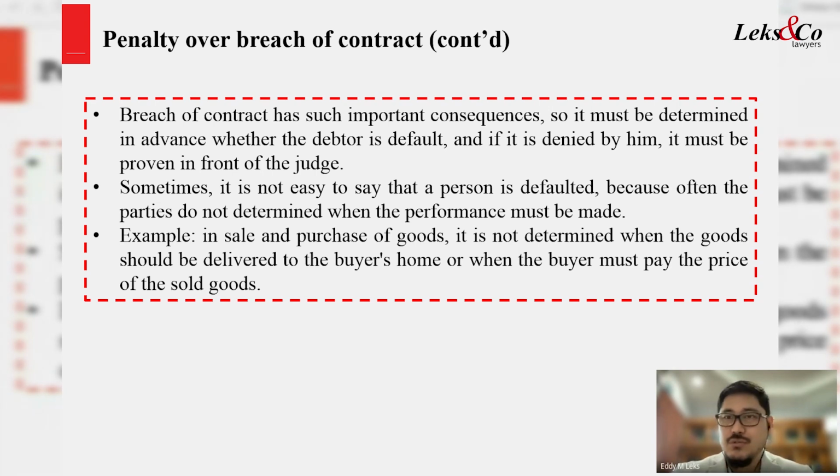So it's useless to execute. What to do then? We win, but we cannot do any execution because the debtor doesn't have any assets. Or when we would like to execute the decision, the debtor becomes bankrupt. So there is always a risk, right?